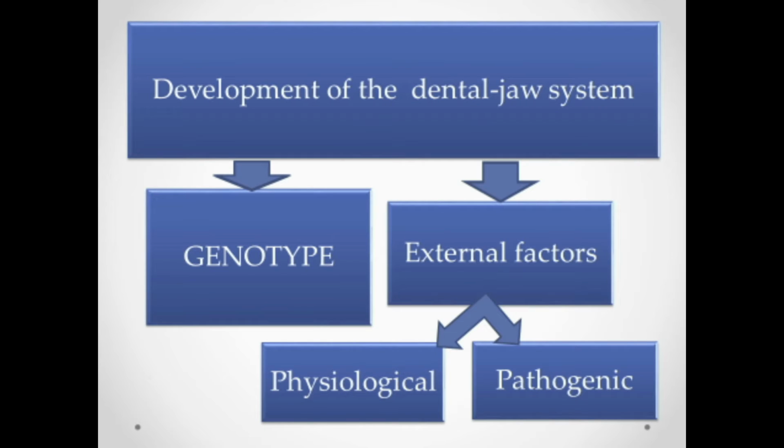It is known that the dentofacial complex appears under the influence of two types of factors. Genotype: this factor tries to implement the program that is already laid down in it. And outer factors, which can be physiological or pathological.